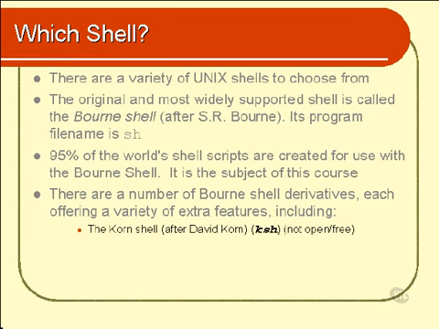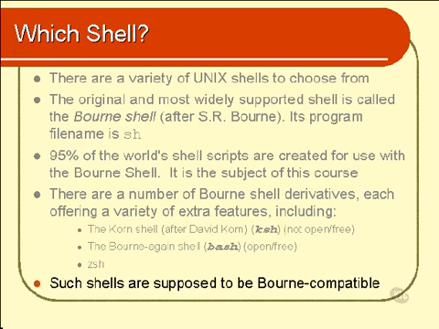Anyway, there is the Bourne Again shell, or bash, little Unix wit there for you, which is open source and completely free. You can download the source code, compile it yourself, or you can download pre-compiled executables if you like. Bash is particularly popular amongst Linux users on PCs. And then there's zsh and many others.